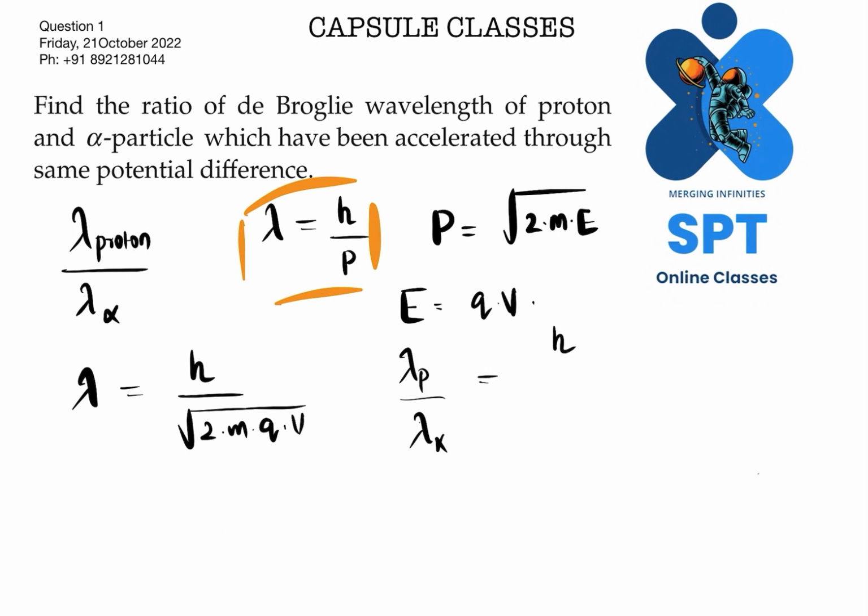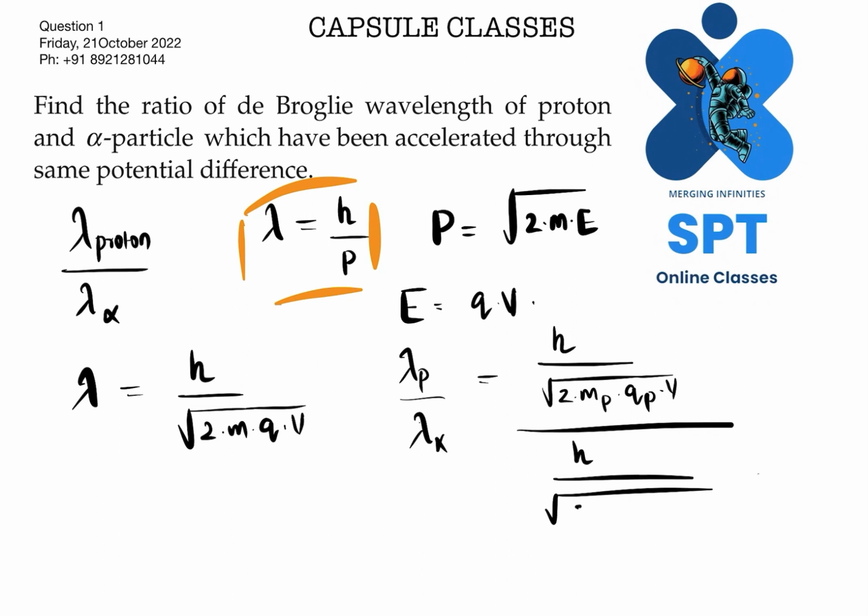It will be h divided by square root of 2 times mass of proton times charge of proton times potential, whole divided by h divided by square root of 2 times mass of alpha particle times charge of alpha particle times potential, from which you can see that Planck's constant will get cancelled, 2 will get cancelled, V will get cancelled, and what will be left?